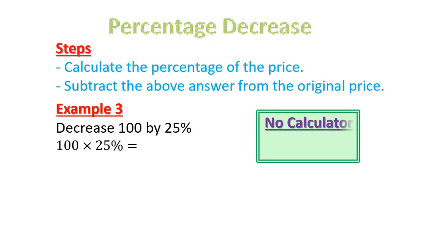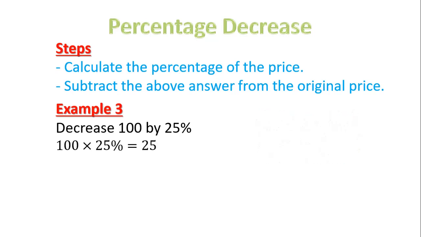Otherwise, we take out our fractions and we get 100 times 25 over 100, and when we cancel, we're given 25. The second part, we take our original amount, which is 100, and then we subtract our 25, which we have just calculated, and that gives us 75. Decreasing, it makes it less.